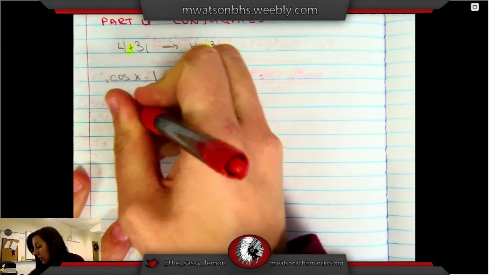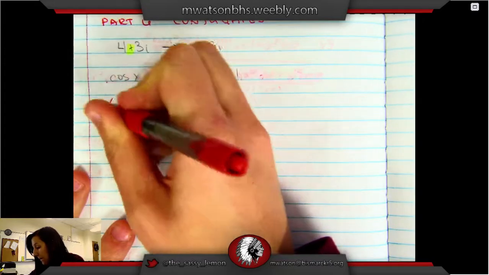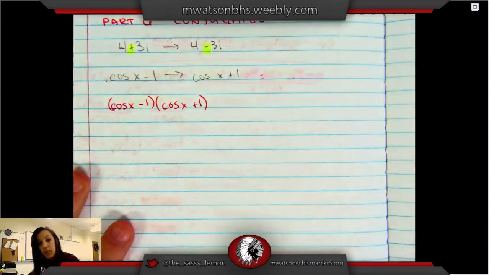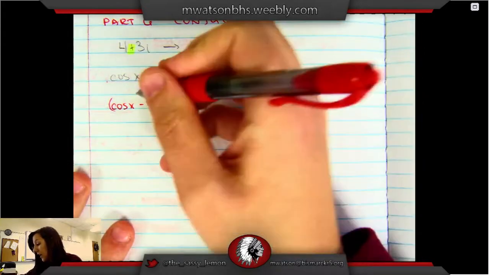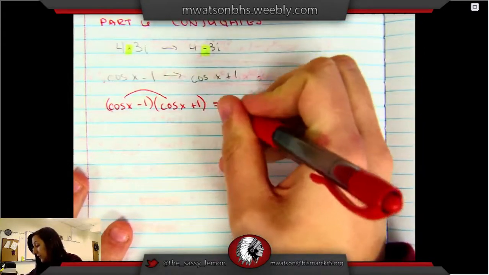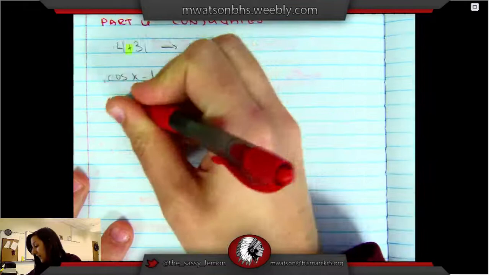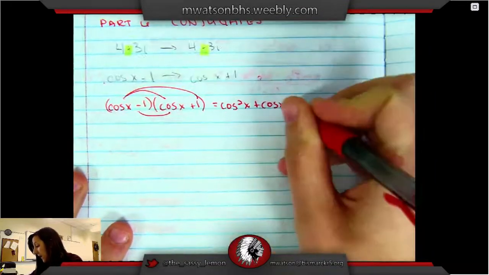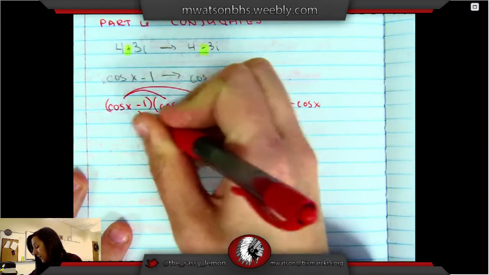So whenever I do cosine x minus 1 times cosine x plus 1, and I double distribute, I'm going to have cosine squared x plus cosine x minus cosine x minus 1.